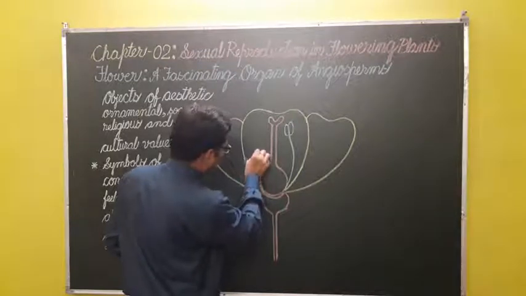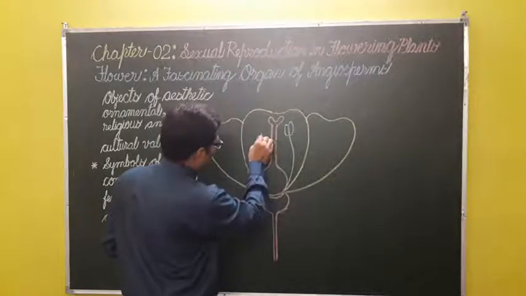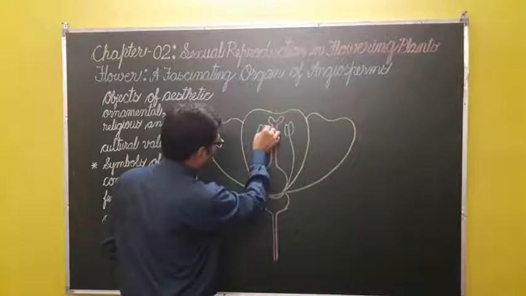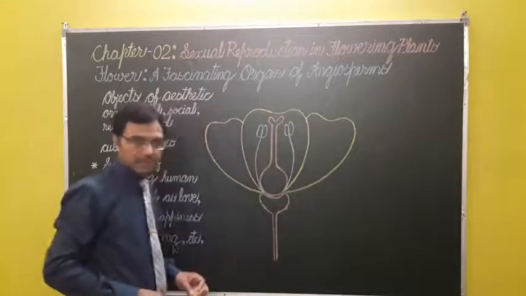And the unit structures of this androecium are called stamens. So right now I have drawn 2 stamens, 1 and 2, right? Okay.